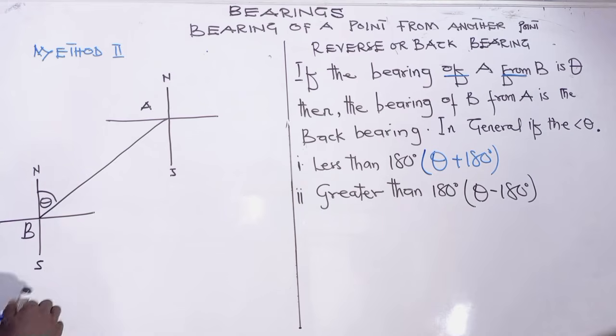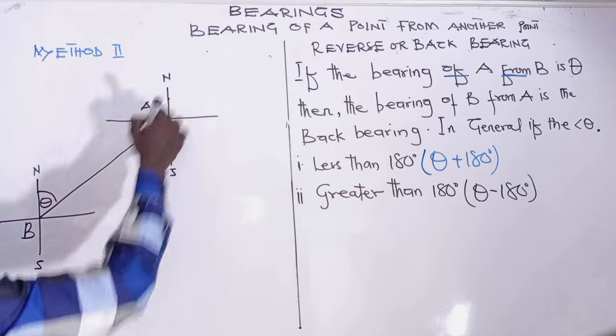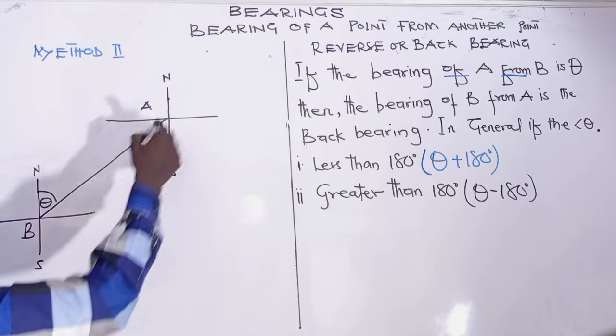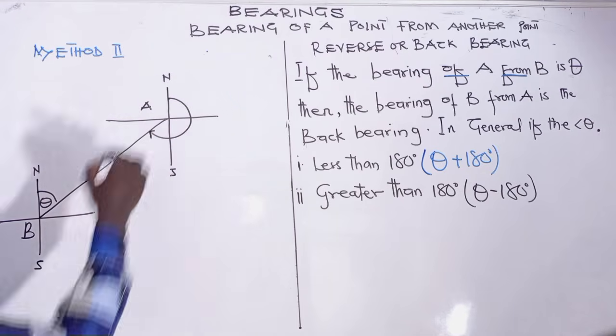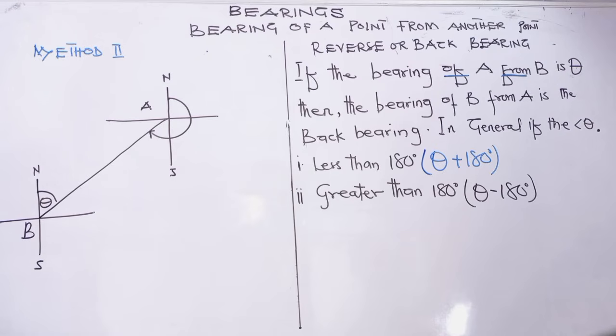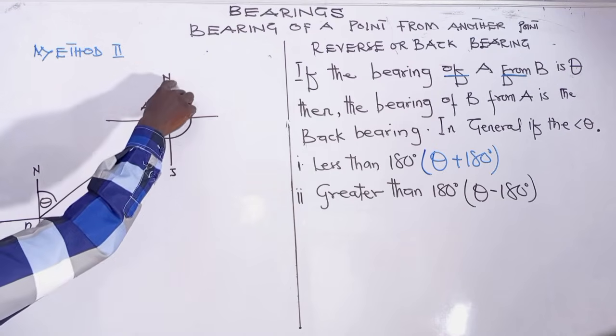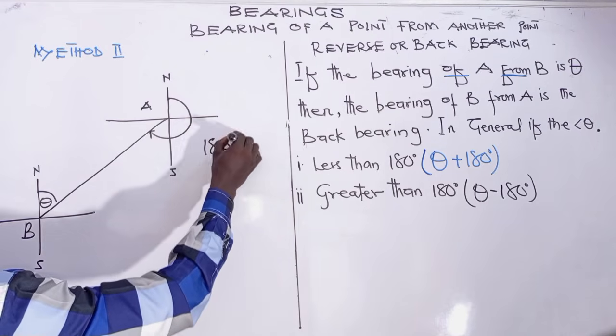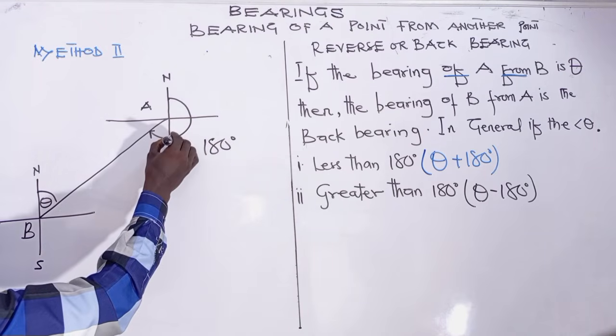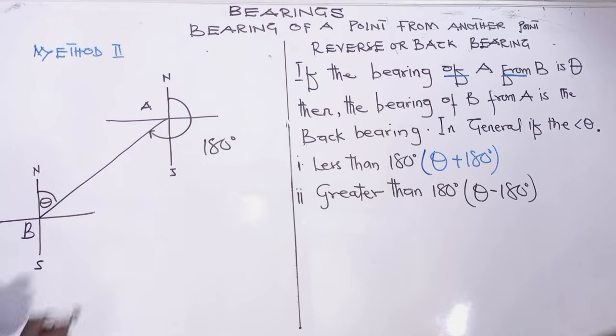We start measuring from the north in a clockwise direction till we get to this particular line. Now we know that the angle from the north to the south is 180 degrees, but we don't know the angle from the south to this terminal line. That is what we are going to look for.